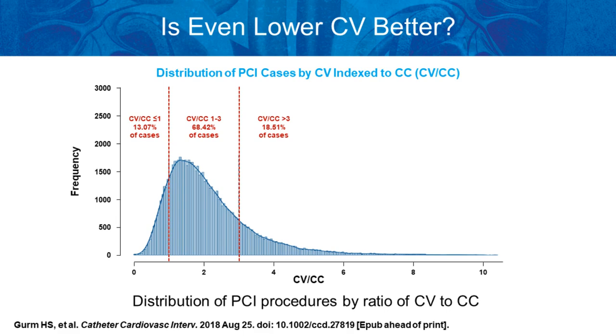So in the last couple of years, what I call ultra low contrast, that is contrast volume less than creatinine clearance. If your creatinine clearance is 30, you're going to do a PCI with less than 30 ml of contrast. That actually happened in 13% of the cases. Fairly impressive. A number of operators in the state adopted this practice, and they were able to do these cases with very low contrast.